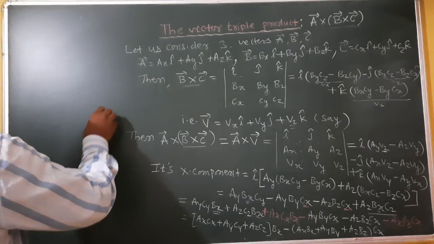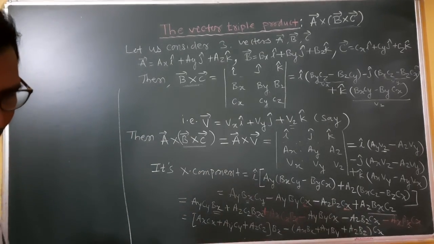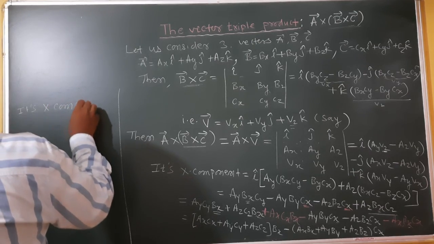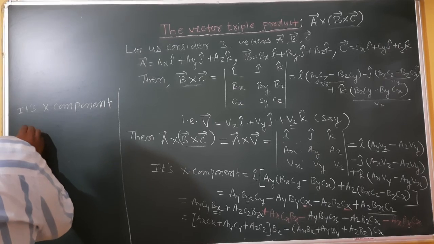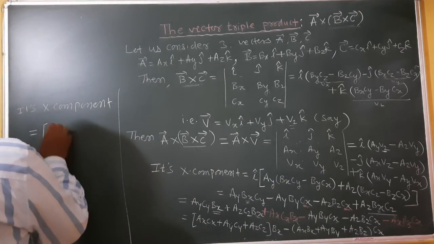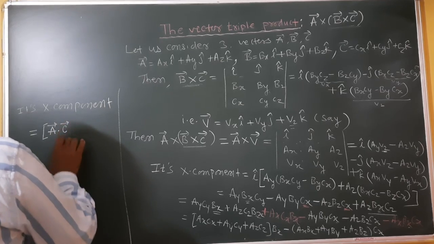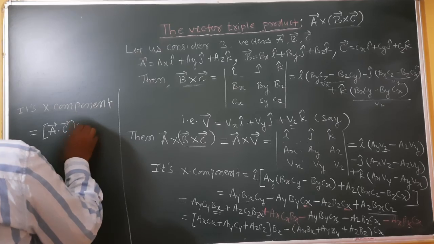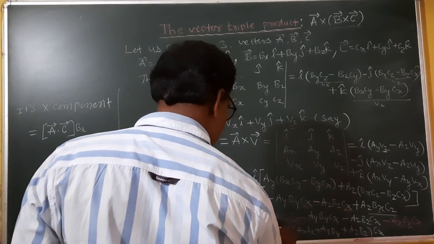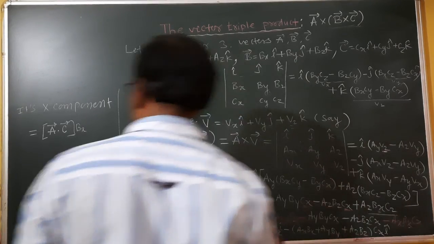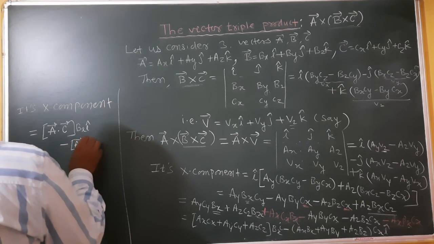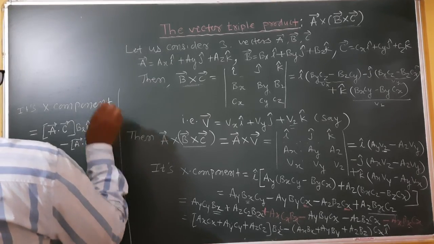And finally it can be written as X component is equal to A bar dot C bar into B bar, that is, the ith component into I cap, minus the second, A bar dot B bar into Cx into I cap.